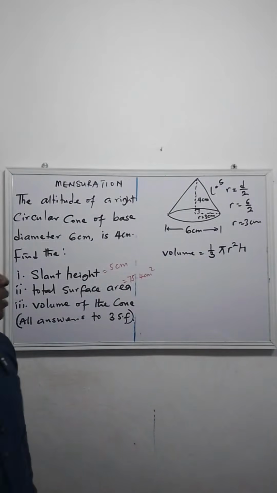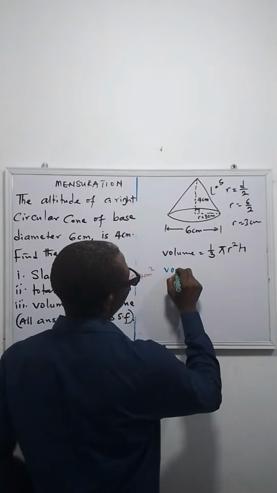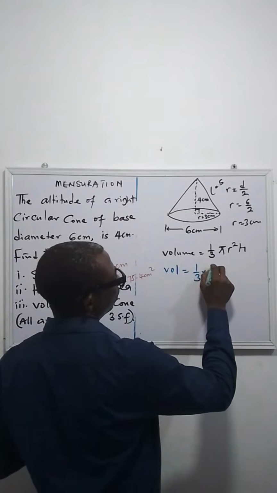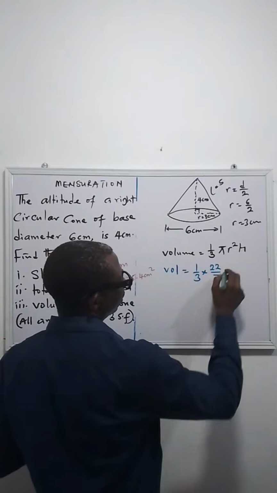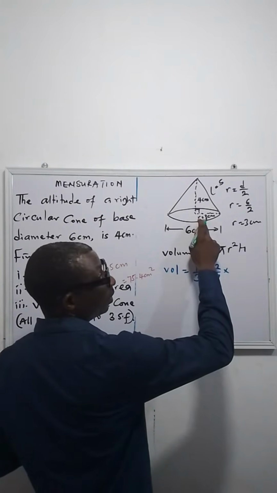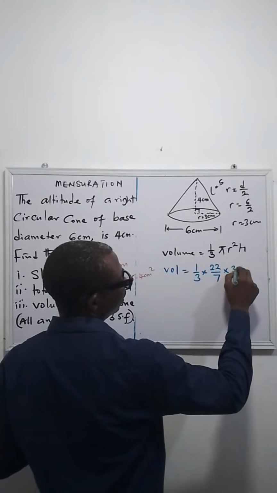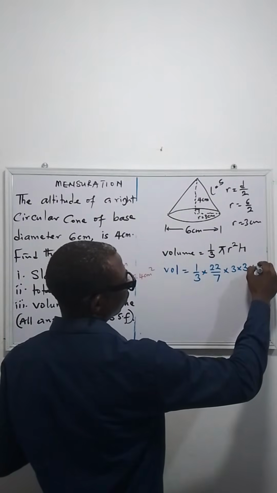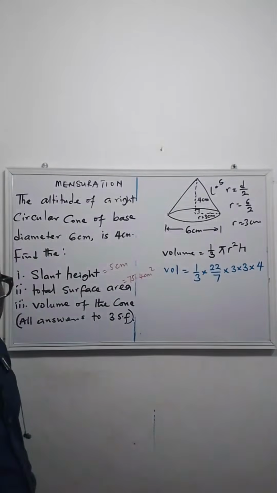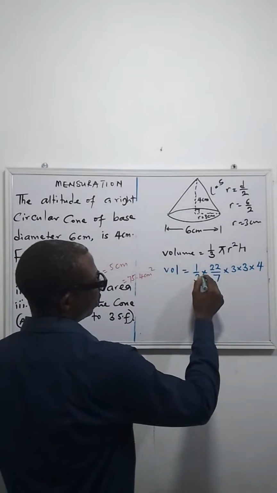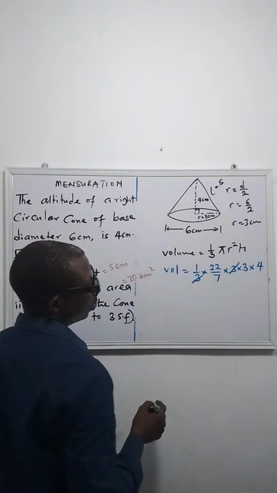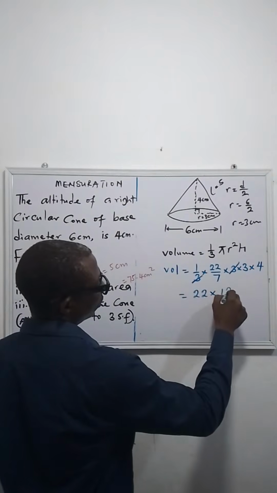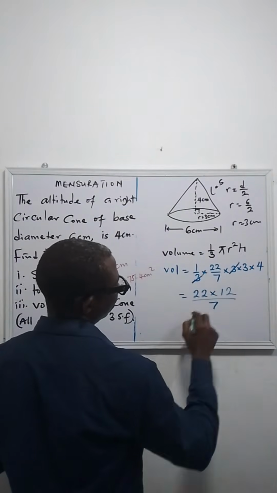All right, so let's see. Now, the volume equals 1/3 of pi. Pi is 22/7, times r. R is the radius. So r squared is going to be 3 times 3, times the height. What is the height? 4. So now this 3 will cancel the 3 in the denominator. What we have left is 22 times 12, everything over 7.